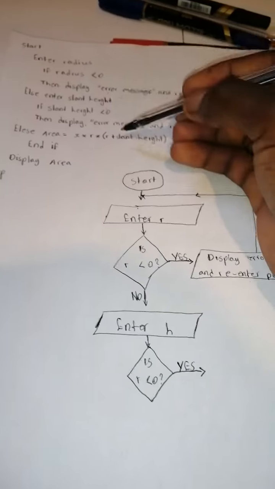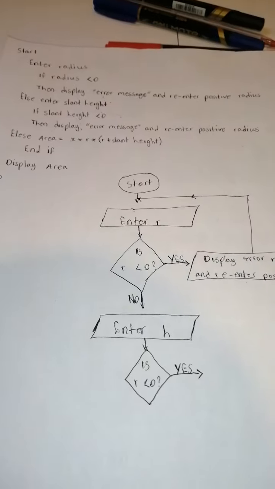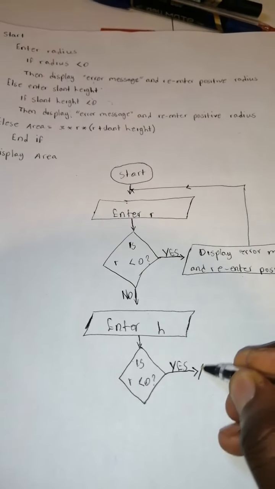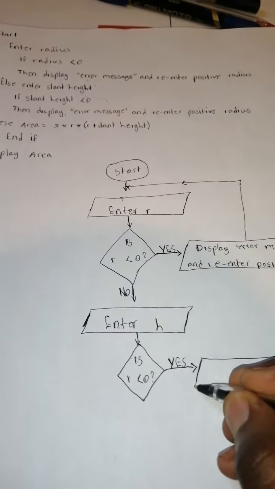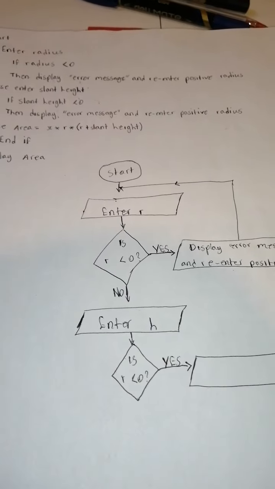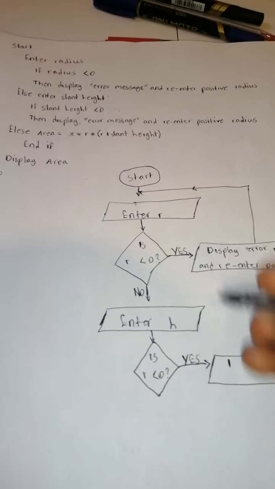And then here we have display. Remember, we have display here. Display is an output. So whenever you see display, you're going to draw a parallelogram like that. It will be like this, and then you copy everything that you see here.